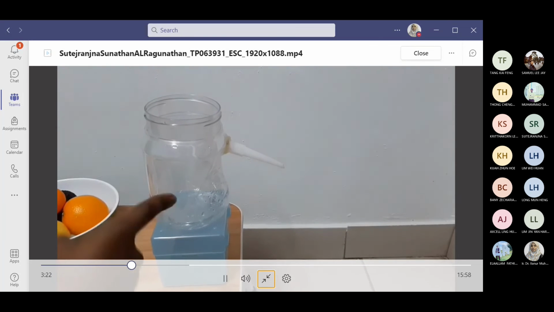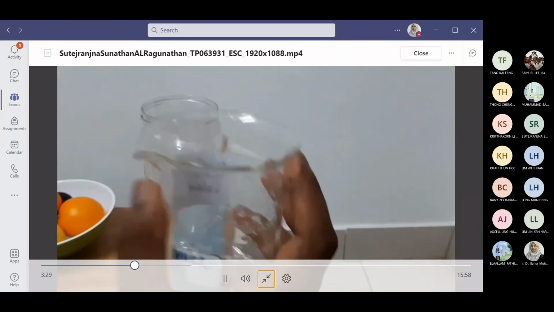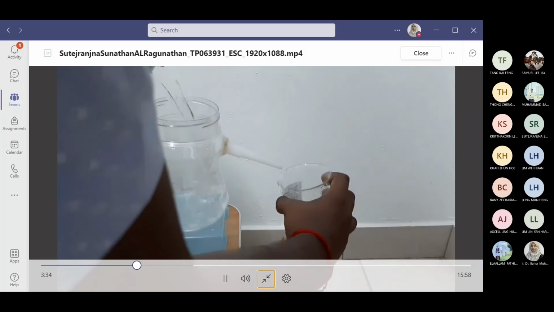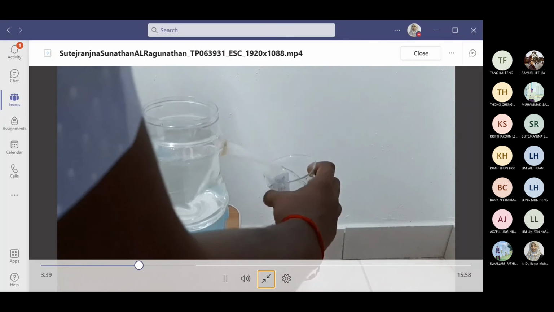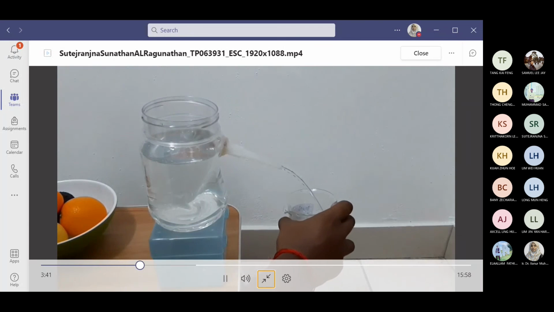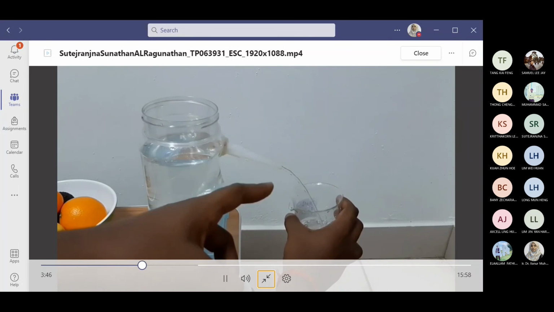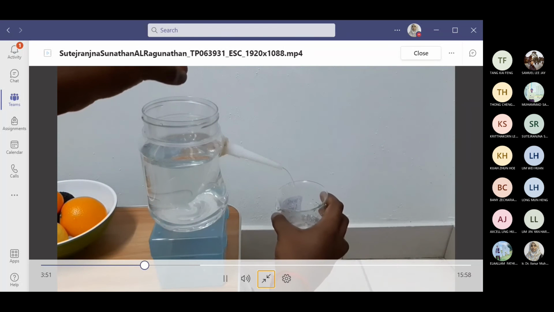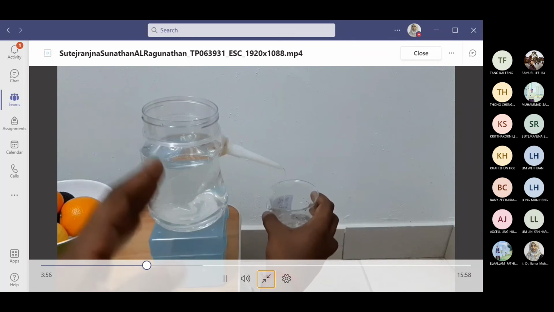Firstly, it's important that we fill up the Eureka can with water until the water overflows. We can collect the excess water using a beaker. It's important that we wait until there's no more water dripping into the beaker so that later when we immerse the object into the Eureka can, the volume of water displaced is accurate to the volume of the object.